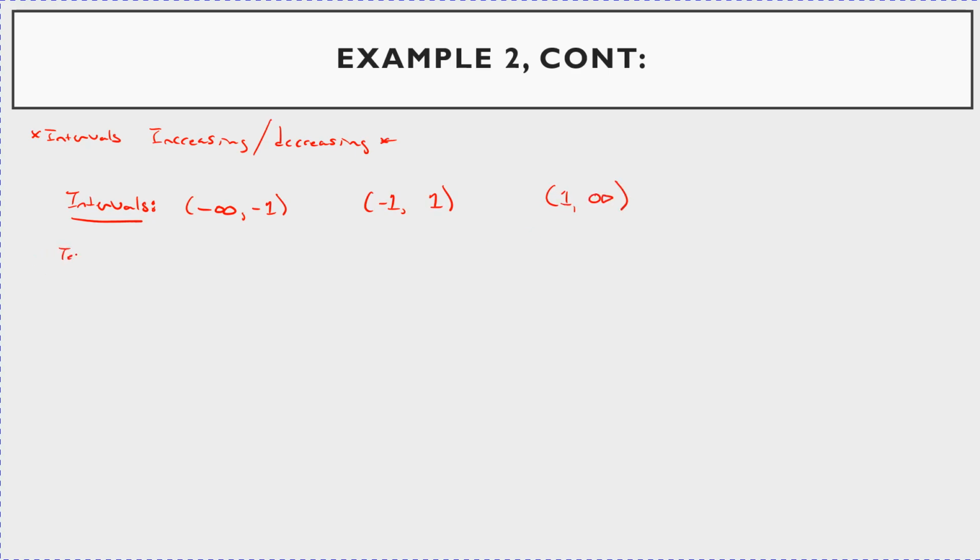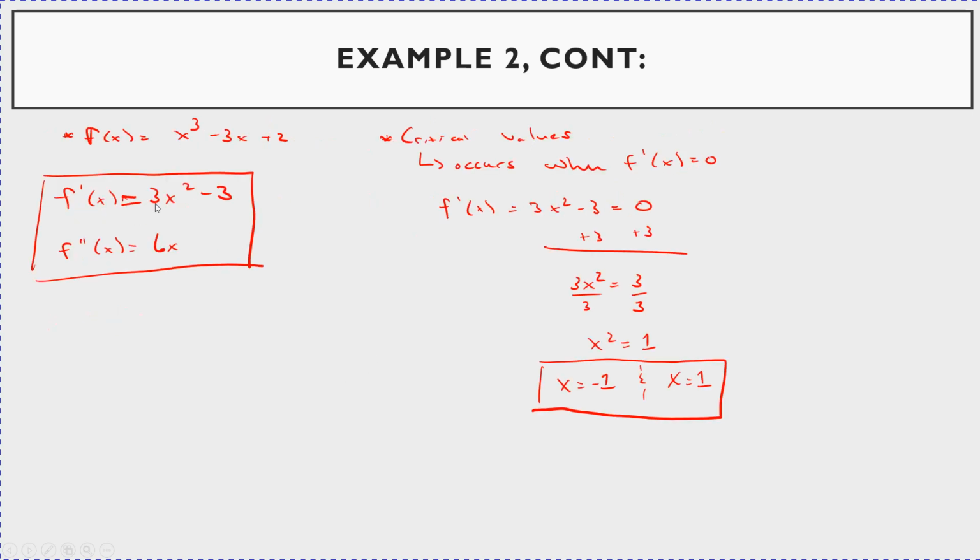Next thing you're going to do is pick test values. I'm going to pick -2, I'm going to pick 0, I'm going to pick 2. And then remember you're looking at the sign of f prime of x here. So this was our first derivative, so just recall here. Our first derivative going back was 3x squared minus 3.